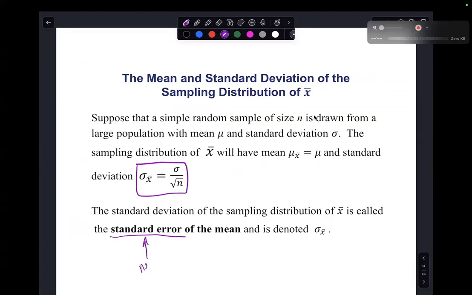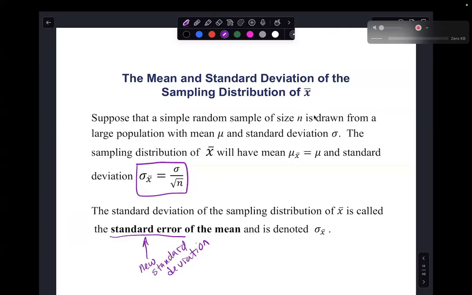It's this new standard deviation. MyOpenMath will call it standard error, which is basically the same thing as standard deviation. It's sigma sub x bar because it is the standard deviation of our sampling distribution of the mean.